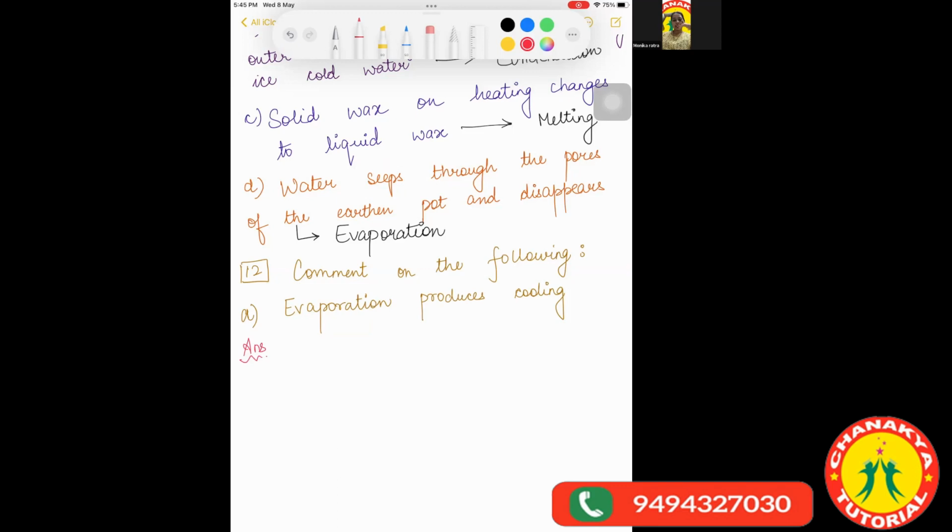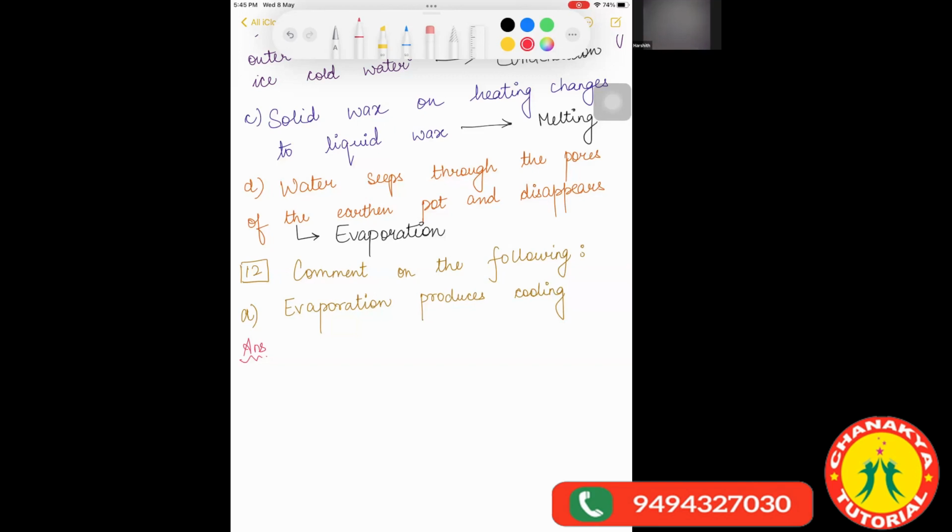Jitendra, can you comment on this? How can you say that evaporation causes cooling? What happens during the process of evaporation? Nobody knows? Anyone knows this answer?